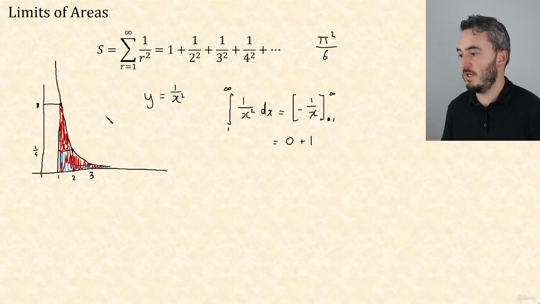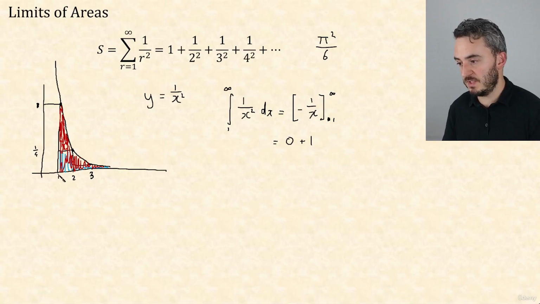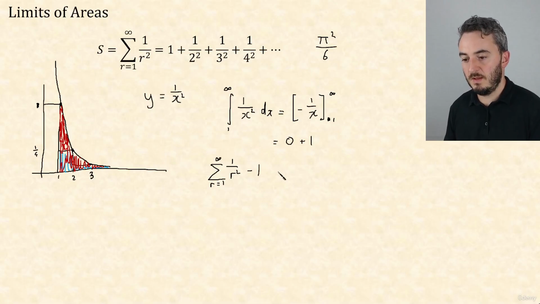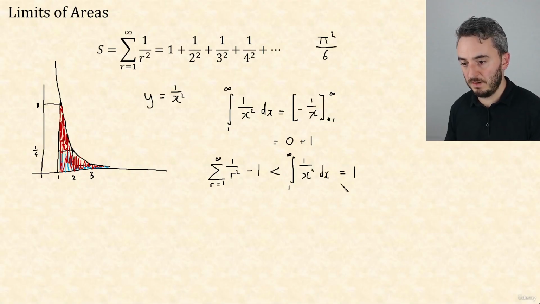And therefore, I know that this summation must be less than 1 if I start at this point here, which is actually starting here. So here's how I write this out. I can say this sum from 1 to infinity of 1 over r squared minus that first 1 must be strictly less than the integral which I've just found, which is the integral from 1 to infinity of 1 over x squared dx, which we just found to be 1.